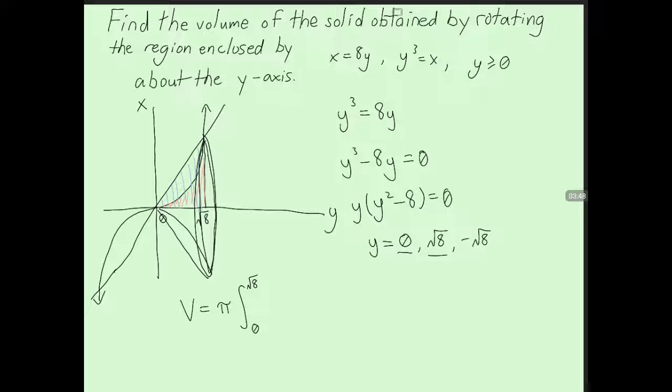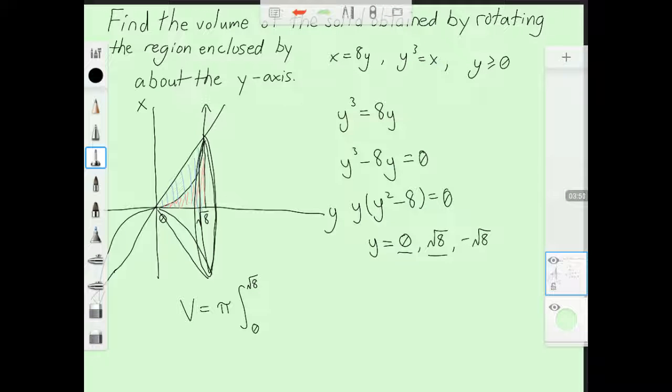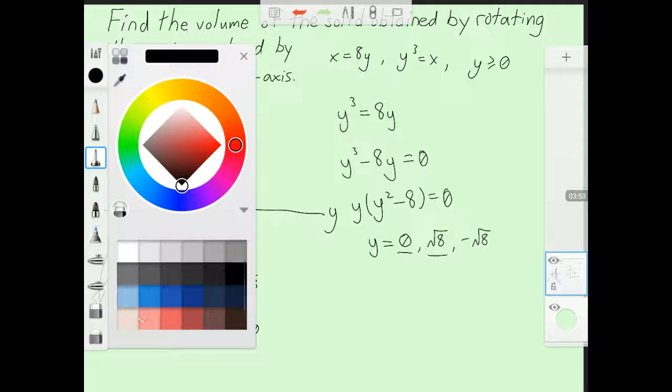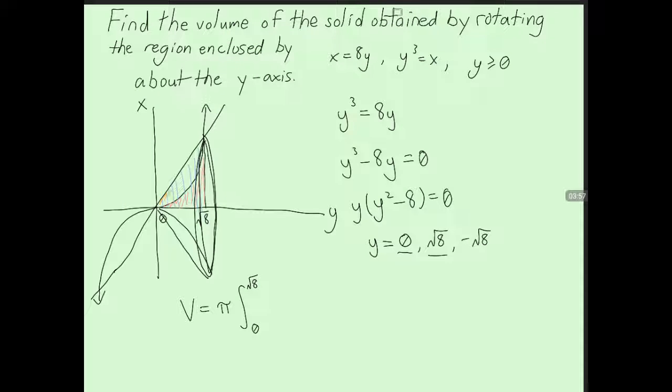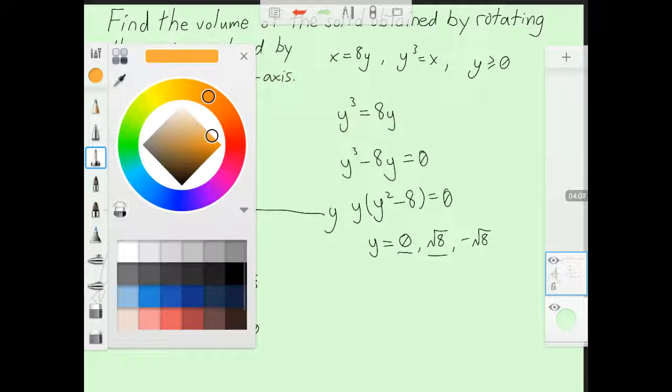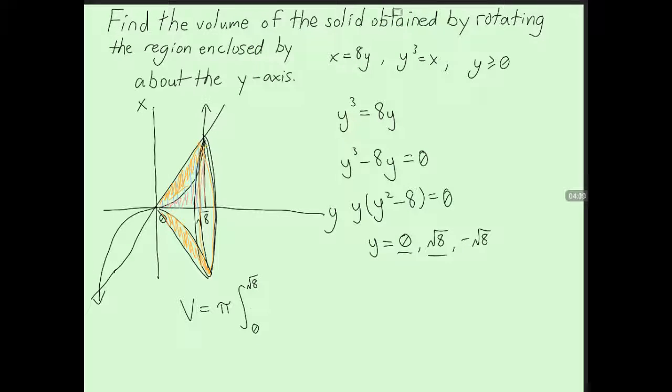So to find the volume of the solid obtained by rotating the region between the curves, which is this right over here, we just have to subtract the two volumes. So to do that, we find the volume of the first one, which is the line function squared.